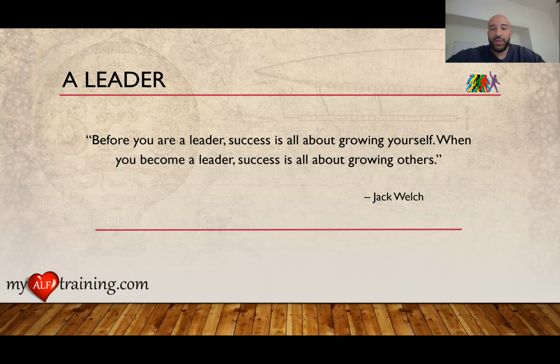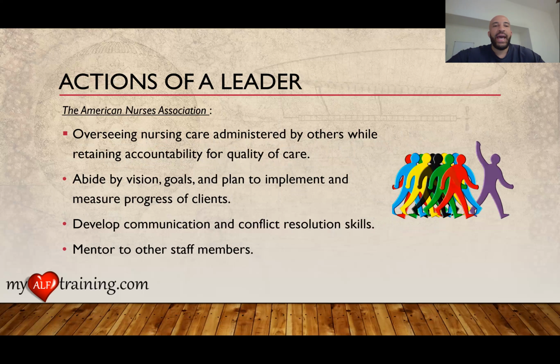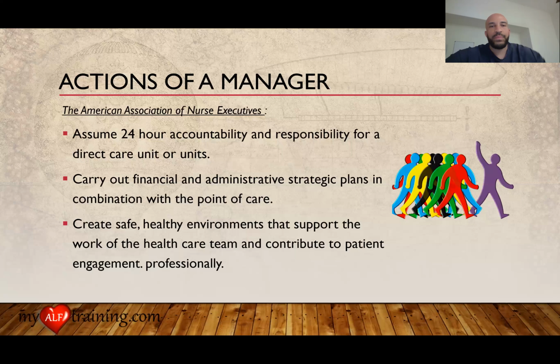Success for them is growing other people. And that is the big takeaway. We're seeing everything come full circle to those quotes and how well they define the essence of what a leader is. So that is what the American Nurses Association said the actions of a leader look like.